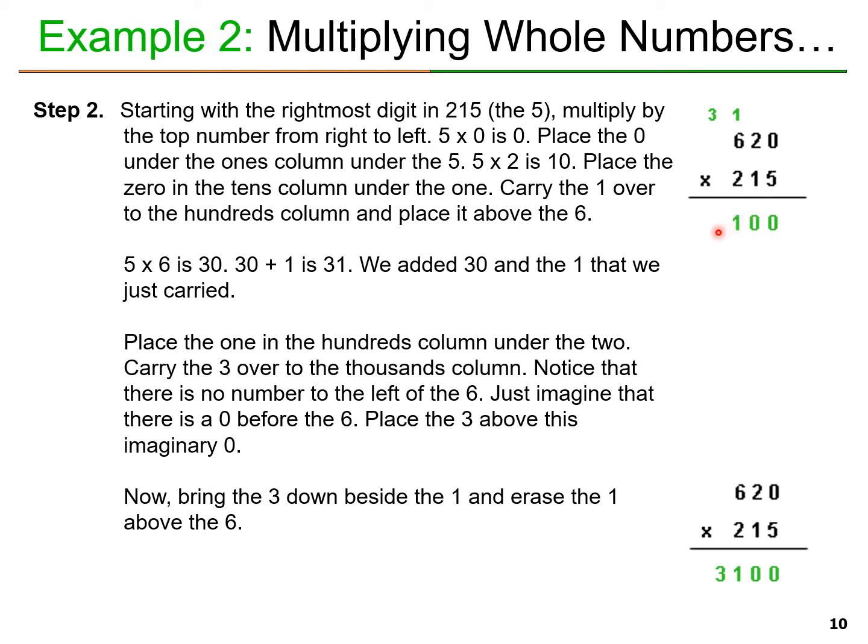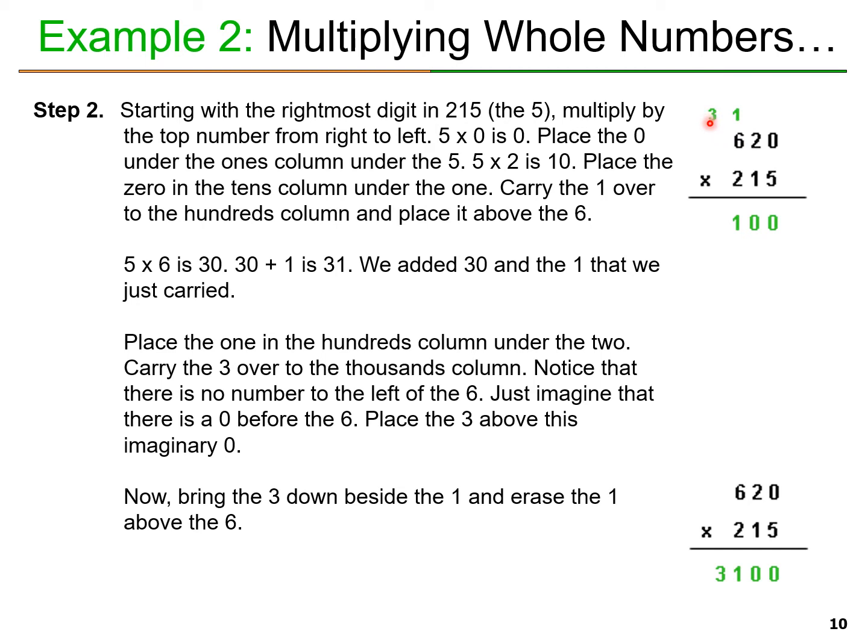We write the 1 down in the hundreds column because the 6 in 620 is the hundreds place. We write the 3 down in the thousands place.